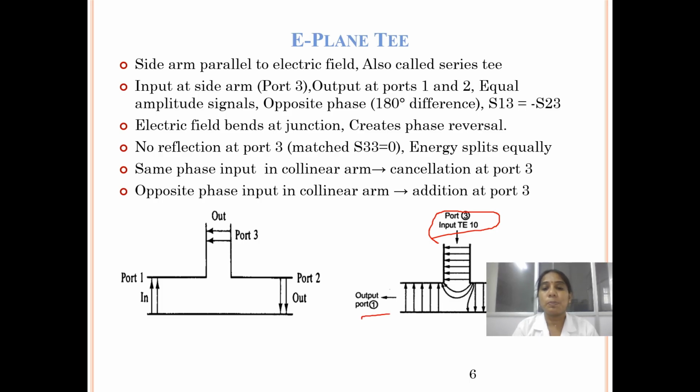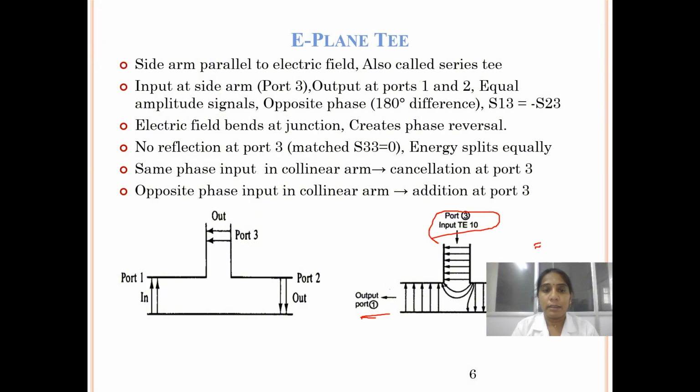When the signal passes through this junction, the signal will bend as shown in the figure. This bend will create the phase reversal. So in the outputs of port 1 and port 2, we will have signals equal in magnitude but opposite in phase.